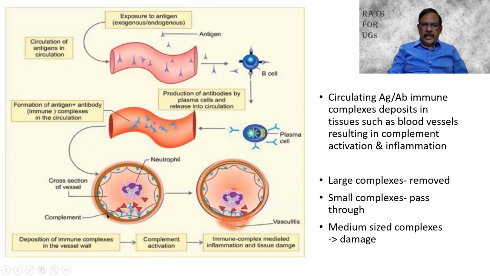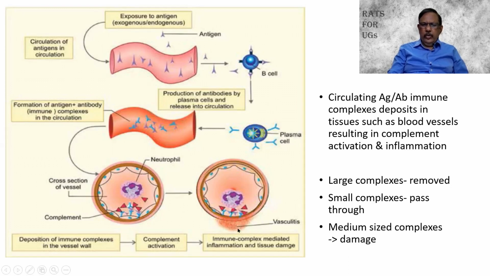This is a diagrammatic cross-section of a small blood vessel in which I find that this antigen-antibody complex is being deposited, the blue colored ones, and it stimulates the complement in turn. As a result there will be an immune complex mediated reaction or inflammation.